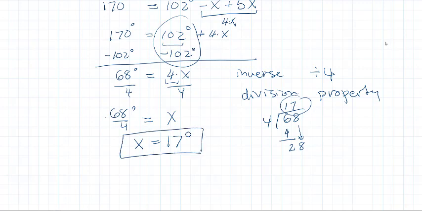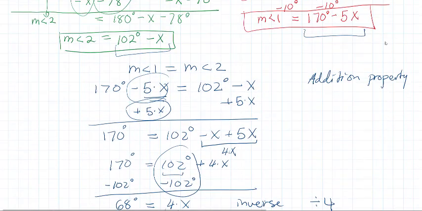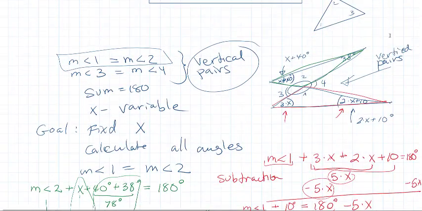Okay, so now we have this result for x, and we can go back and calculate the values of the different angles here. And I'm not going to do all of them, but basically what we can say is, for instance, this angle here is just 3 times 17, which is 51. And this one is 57, right? It's 40 plus 17.